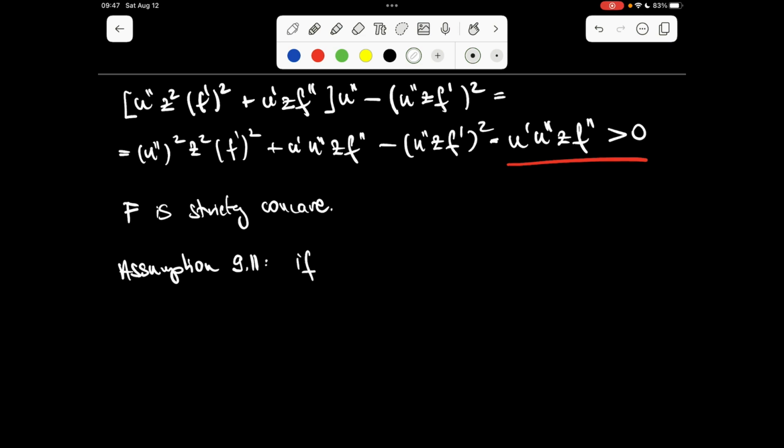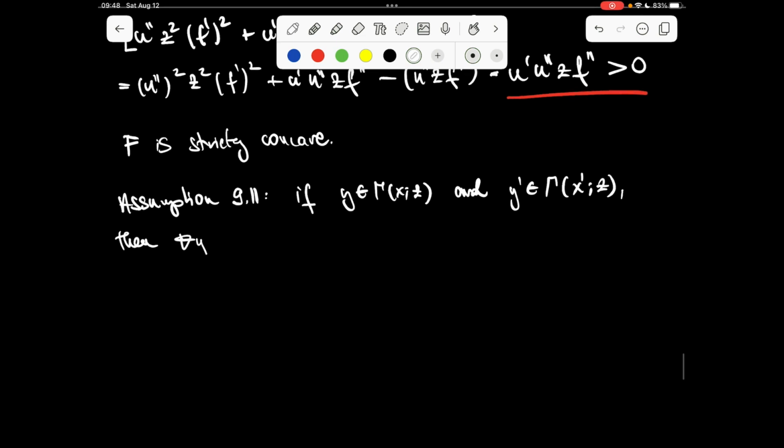If y is in the correspondence and if y prime is in the correspondence belonging to x prime and z, then the weighted average of the points must be in the correspondence belonging to the weighted average of x and x prime with given z.